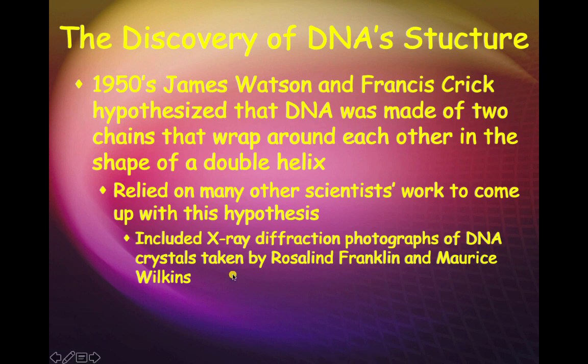And some say that Watson and Crick, who are given credit for discovering the shape of DNA, some say more credit should be given to Rosalind Franklin and Maurice Wilkins, who aren't really ever mentioned in the structure of DNA. And the reason is because they actually created the X-ray diffraction photographs of DNA, which was really the first pictures of what DNA kind of looked like.